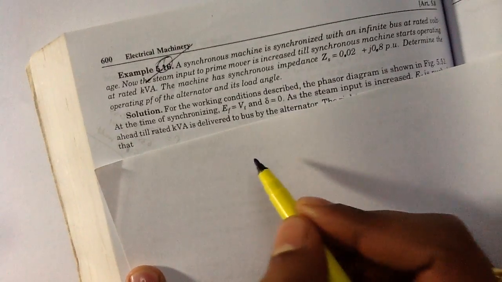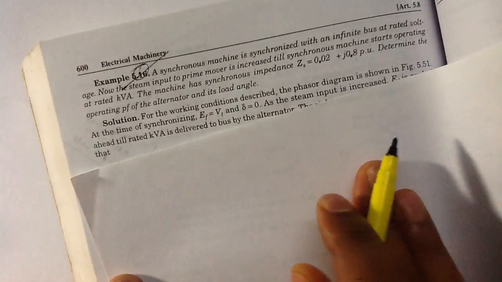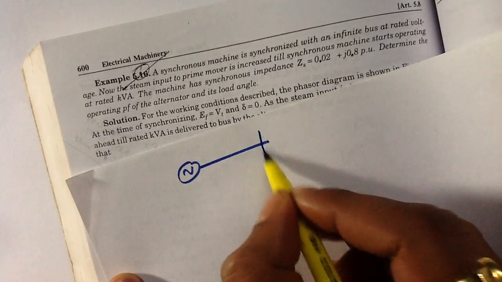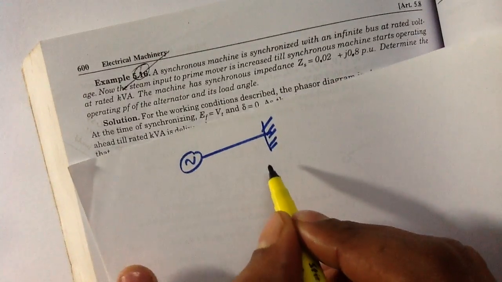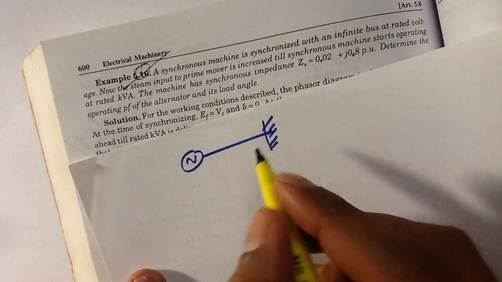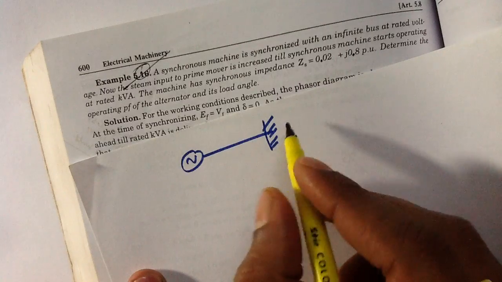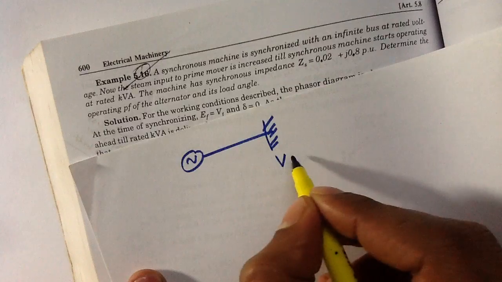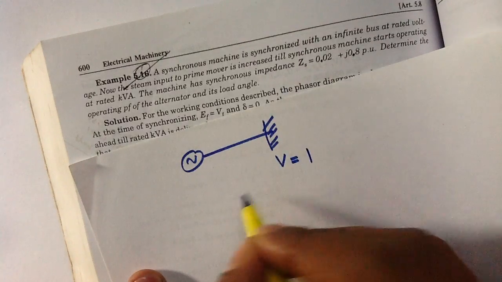In this question it is written that the synchronous machine is connected to infinite bus at rated voltage. Rated voltage means the terminal voltage of the machine equals 1.